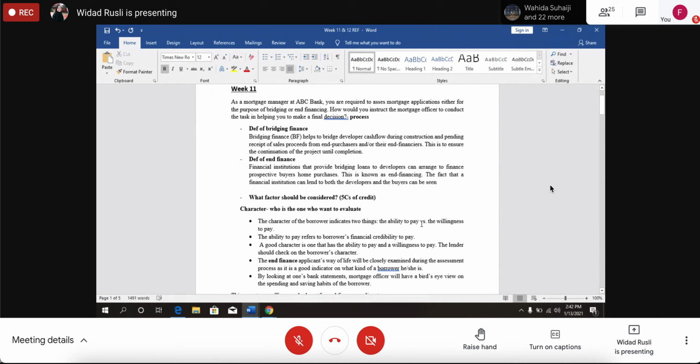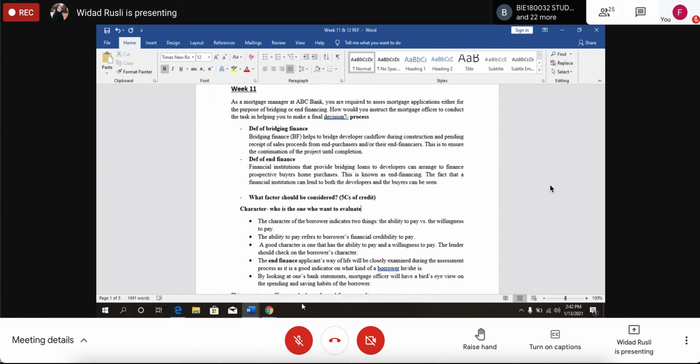We start with the definition just now, definition of bridging finance, definition of end finance, and then what are we supposed to come up with? Application process. Yes, the process. So in the process, what are we supposed to talk about?